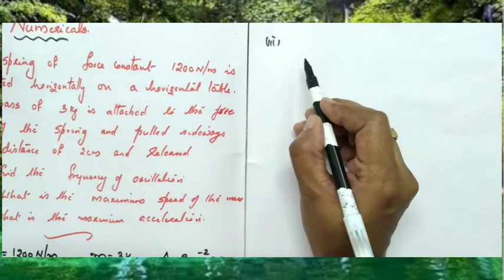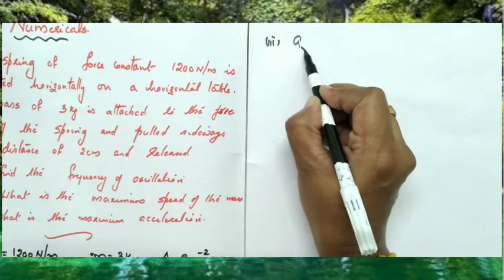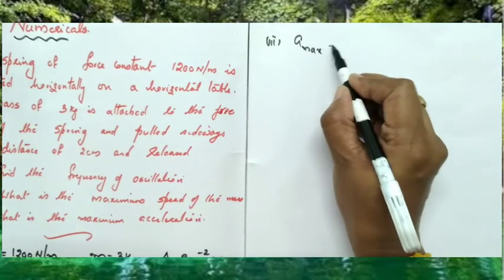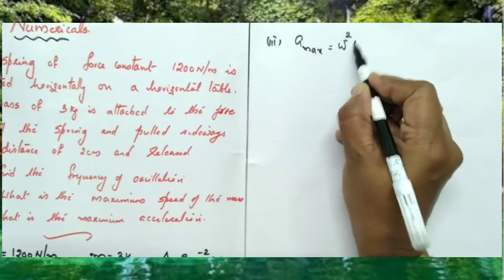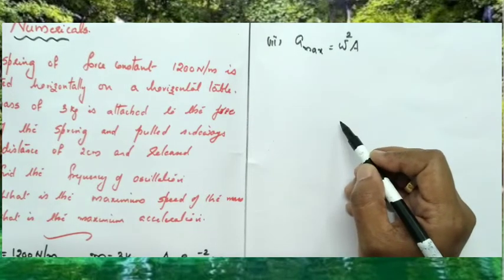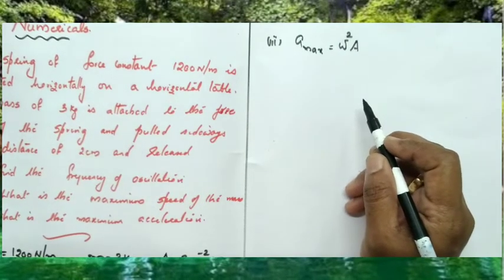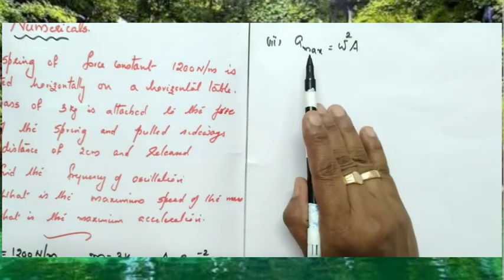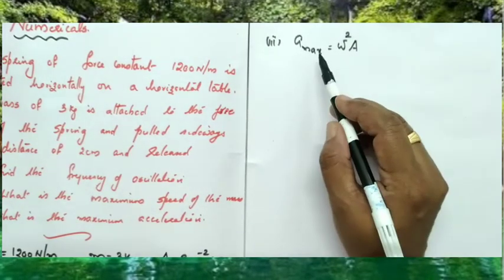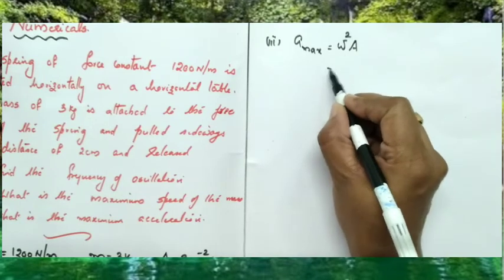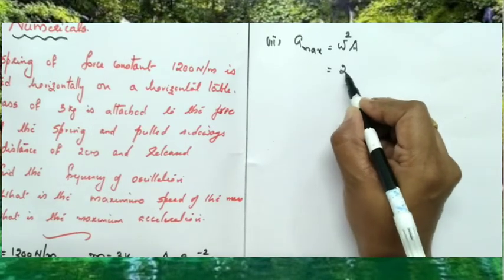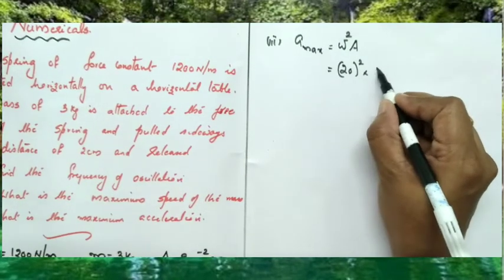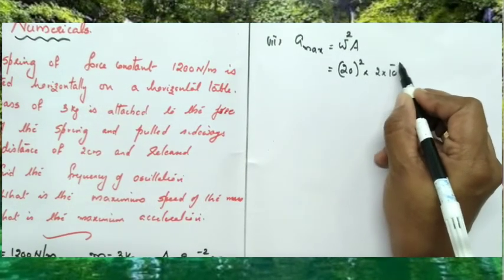And maximum acceleration is given by A max is equal to, what is the formula for maximum acceleration? It is omega square A. Acceleration is omega square x. Here x is amplitude, which is given by 2 into 10 raised to minus 2. So maximum acceleration is omega square A, and omega is 20 square, into amplitude, again 2 into 10 raised to minus 2.